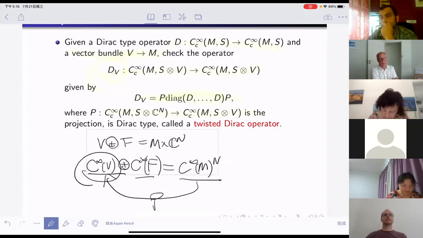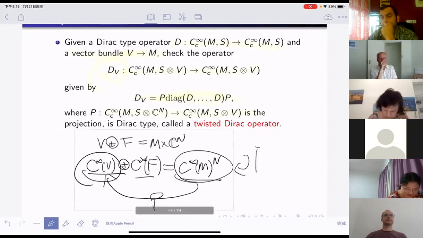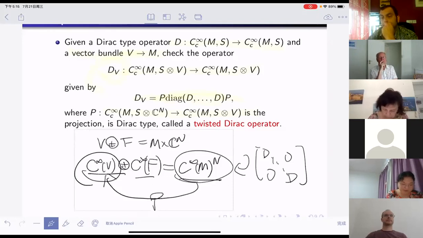We call that P. On the right hand side, one can still talk about the Dirac operator, just acting diagonally, because the Dirac operator acts on each copy of C infinity(M), and we have n copies of those.